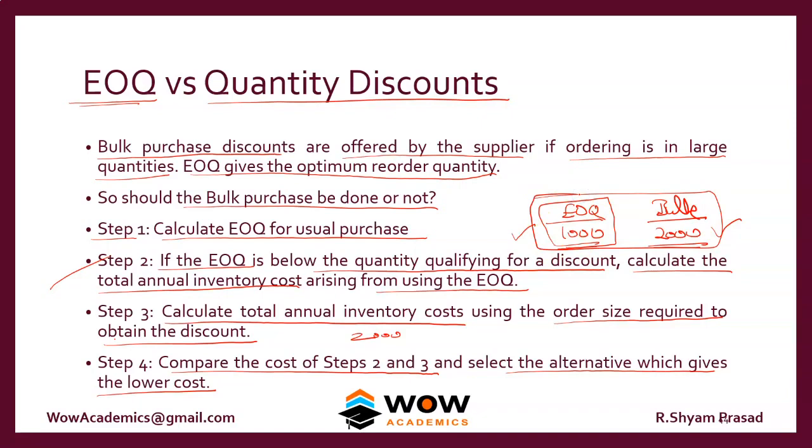If the EOQ is less than the bulk quantity, then you do steps 3 and 4. You calculate the cost of holding inventory and ordering for the EOQ of 1000 units. You do the same for the bulk discount of 2000 units. Whichever is lower, you choose among the two. So that's about EOQ versus quantity discounts.